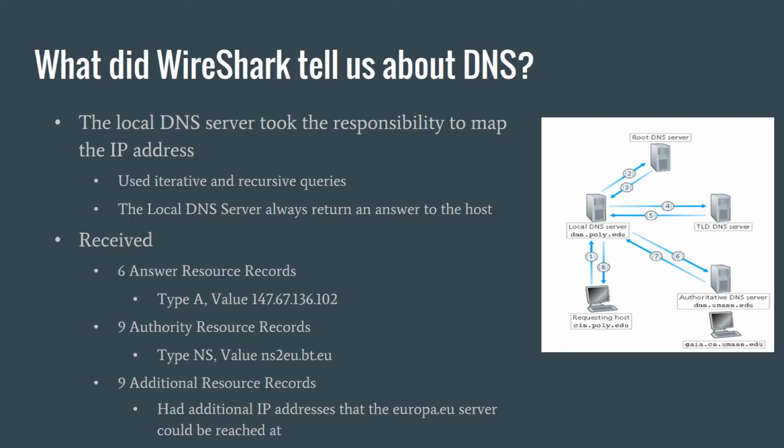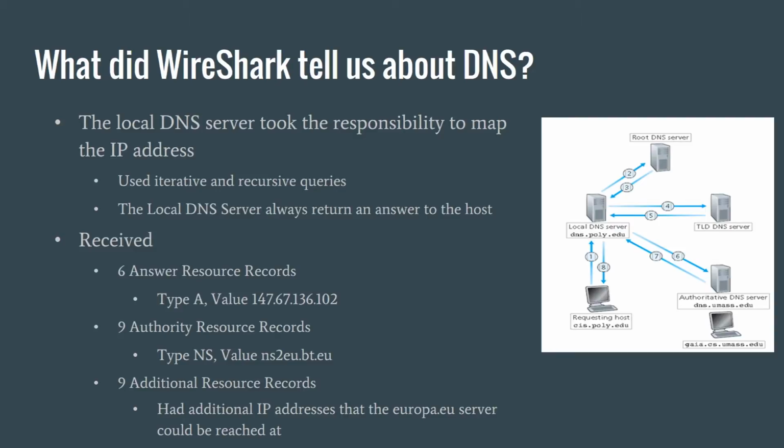So what I received from the local DNS server here on campus was 6 answers, resource records that were type A and had the IP address values that told our host where the file was over in Europa.